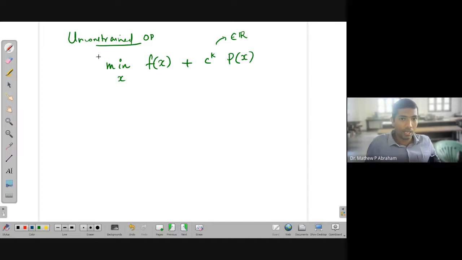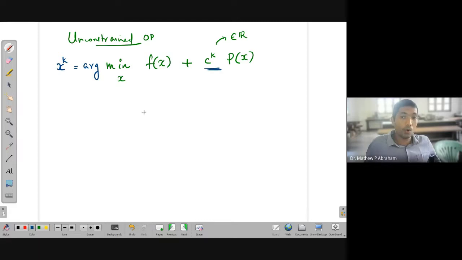Suppose I solve this problem and take the argmin, and with this particular ck, suppose the solution is xk. Suppose I have put a ck which can be any scalar, it can be 1, 2, or some scalar, and suppose I got the solution to this as xk.